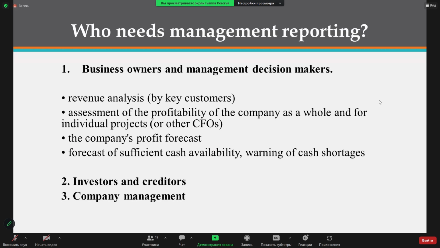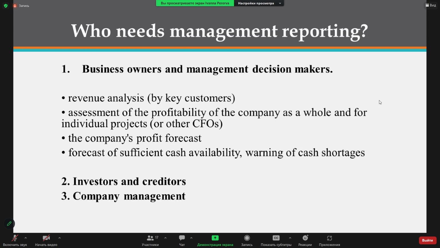This group uses management reporting together with accounting to assess possible risks. And since accounting reports only provide information for the previous period, it's often not enough to assess the possible development of our business.